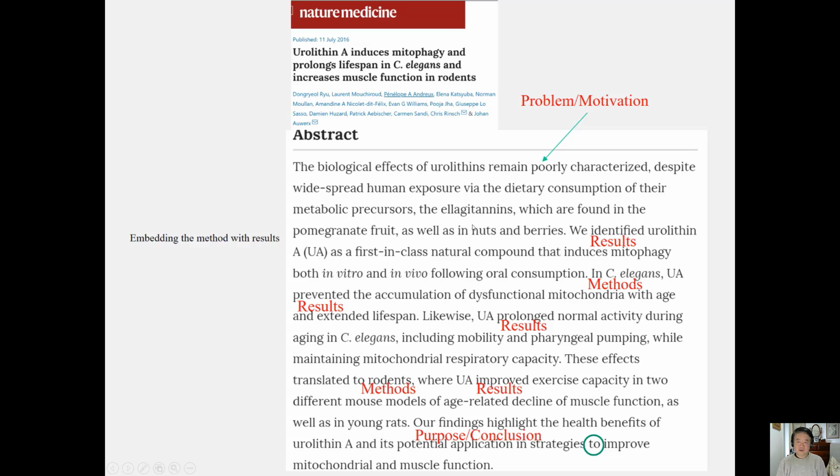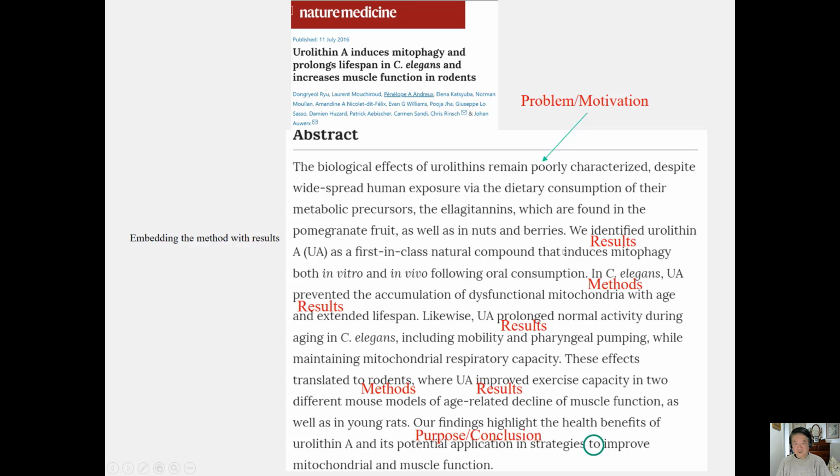The previous one says, yes, it has been used, but it can cause some side effects. Here it says it's poorly characterized, however it's widely used. So this is the third way to start in my presentation. You can see how you will be able to choose one start for your abstract writing.